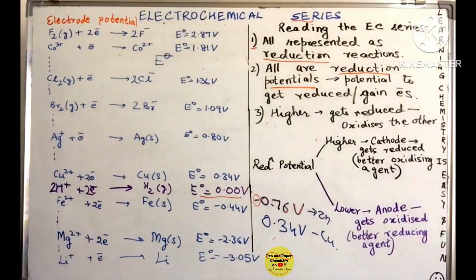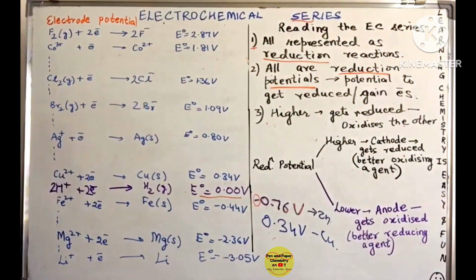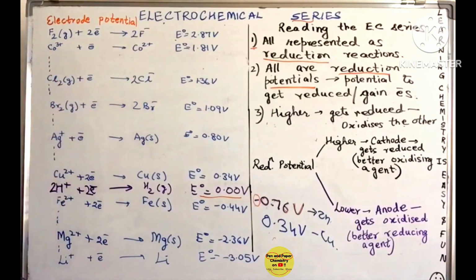Sometimes you'll see it like this as well. Denotes the standard conditions, 25 degrees Celsius. If it's a gas, then 1 atmospheric pressure, concentration 1 mole per liter. We have already spoken about this earlier. So we are talking about the standard reduction potentials over here. So electrochemical series is the arrangement of elements in the order of their decreasing standard reduction potentials, right?